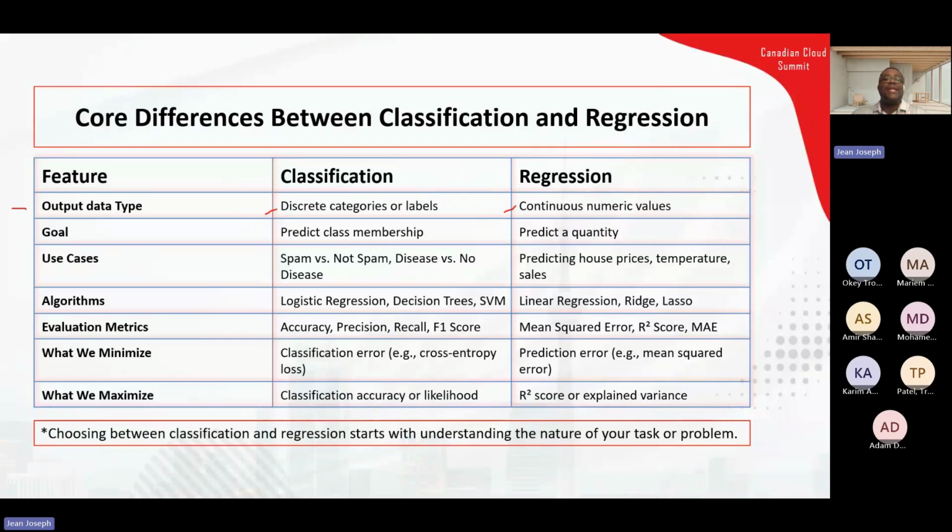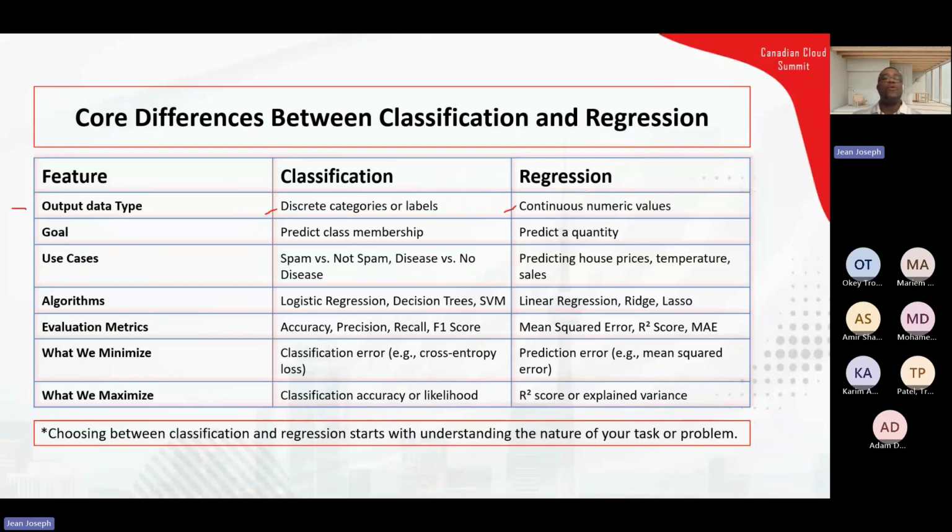This could be binary, spam or not spam, or multi-class, meaning we are predicting diseases, where predictions may have more than two classes. On the other hand, if you are trying to predict a continuous numeric value, it's a regression problem, like forecasting sales or estimating temperature.